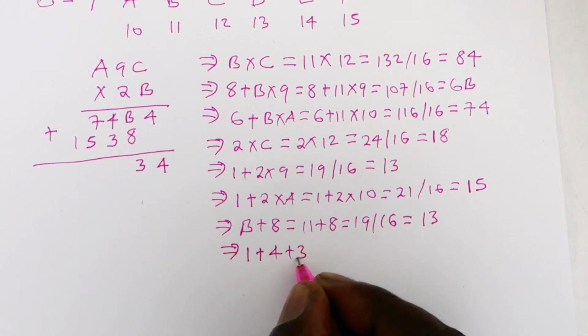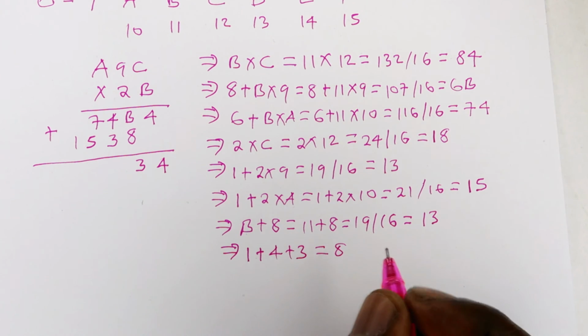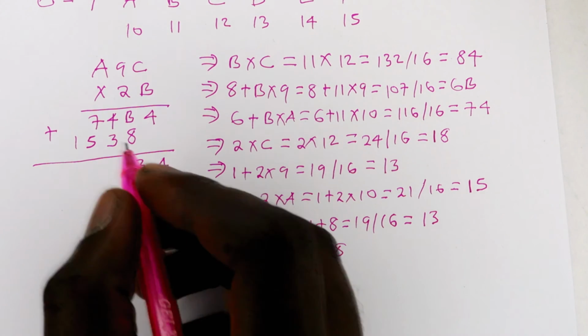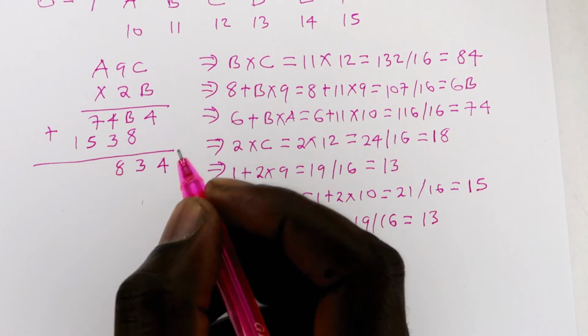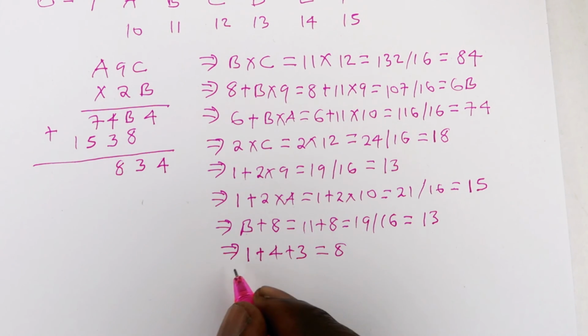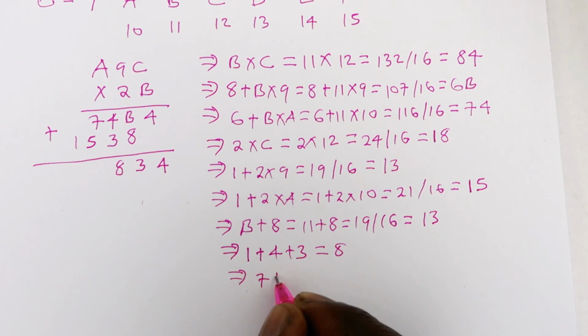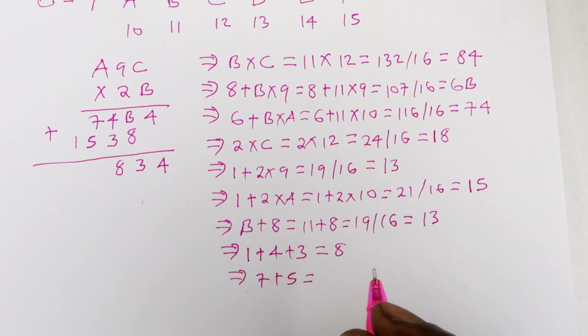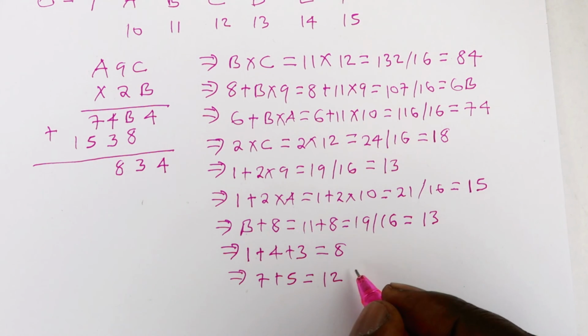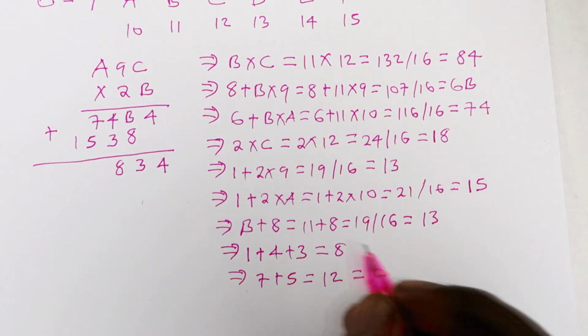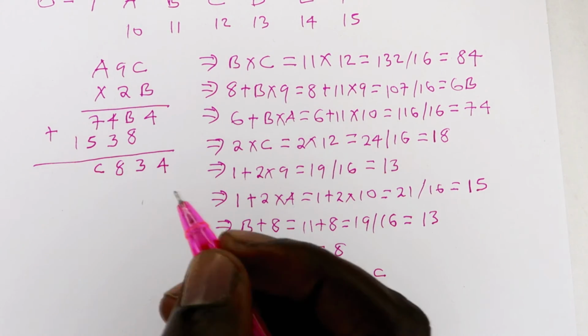So that will be 8. So just write 8 the way it is. Then the next one is 7 plus 5. And 7 plus 5 is 12. And according to hexadecimal numbers, 12 is equivalent to C. So just write C there.